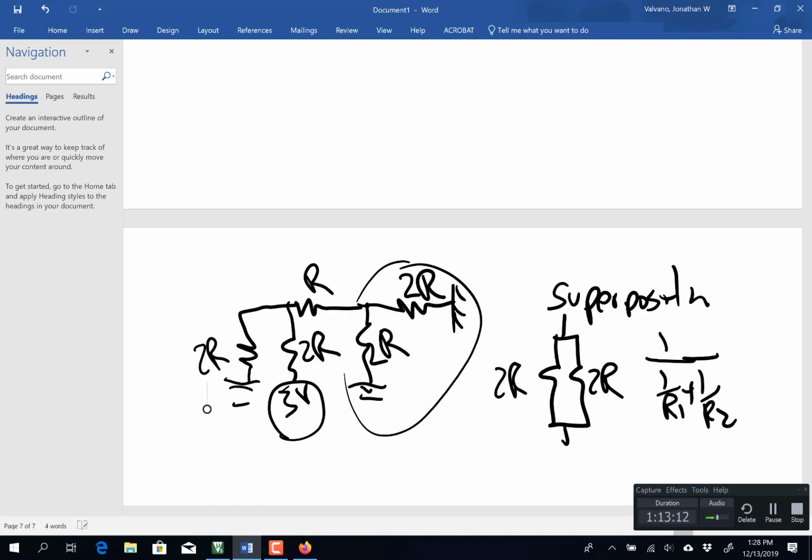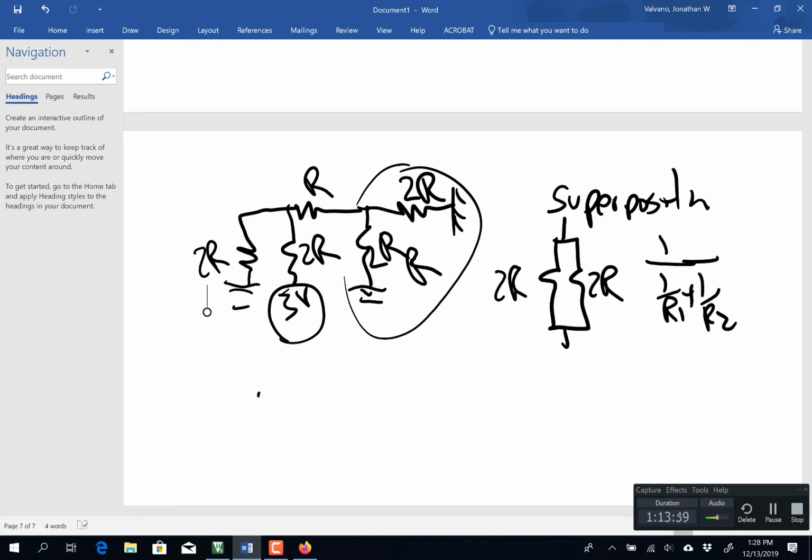If I got 2 resistors and I want to know the effective resistance of the 2 in parallel, this is easy because I got 1 over, 1 over, 1 over, 1 over. And so what is the impedance of 2R in parallel with another 2R? This is just R. Whatever R is.